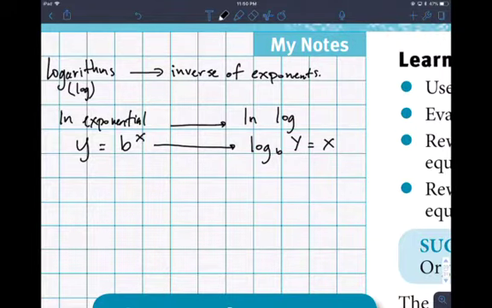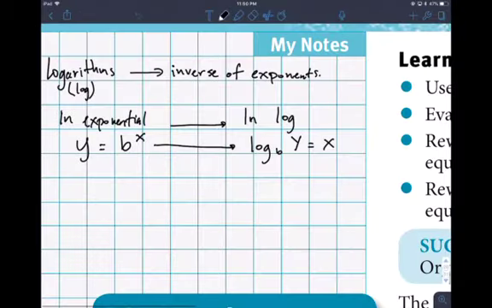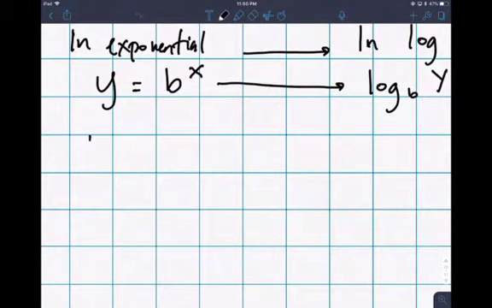So for example, and we'll keep it simple, we know that 3 to the second power is equal to 9. We know that for a fact. So this is an exponential notation.